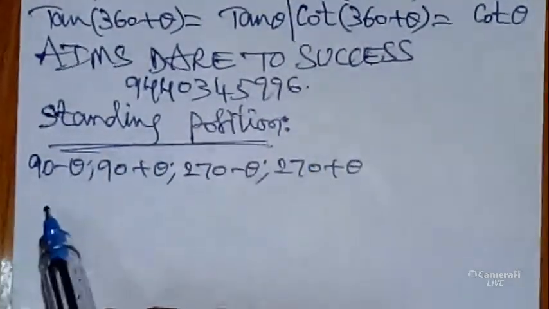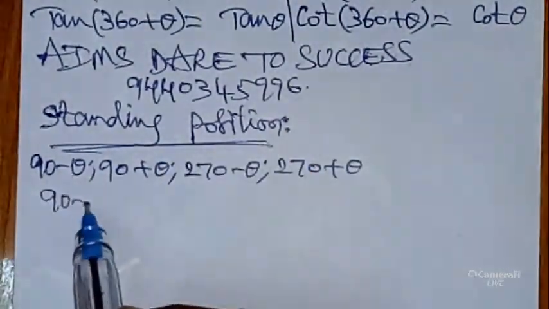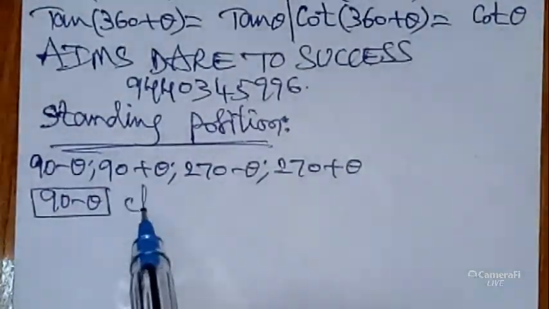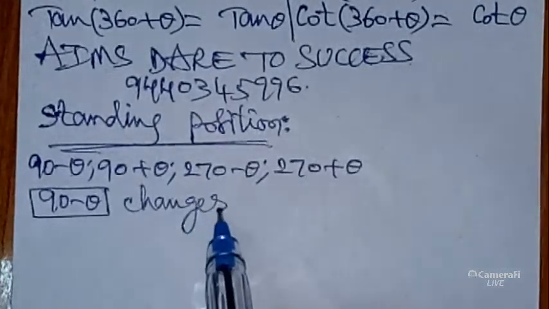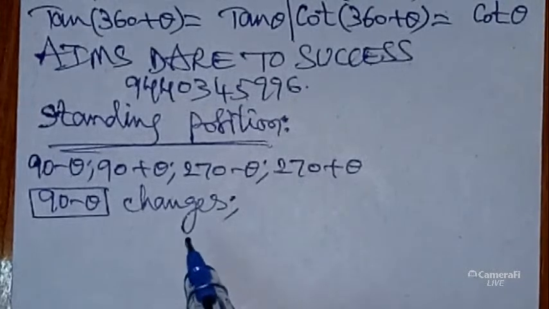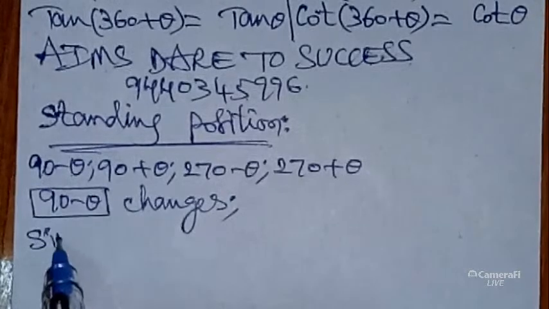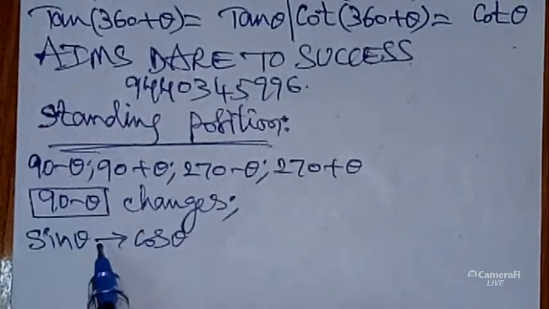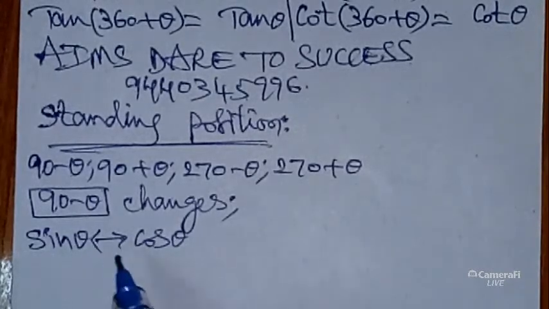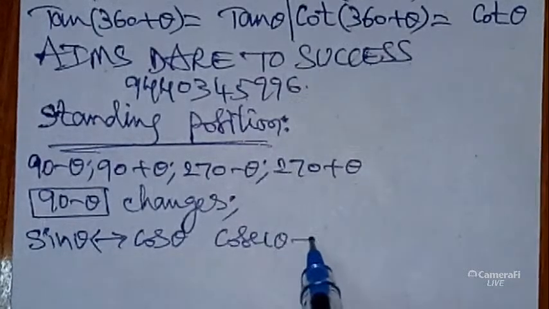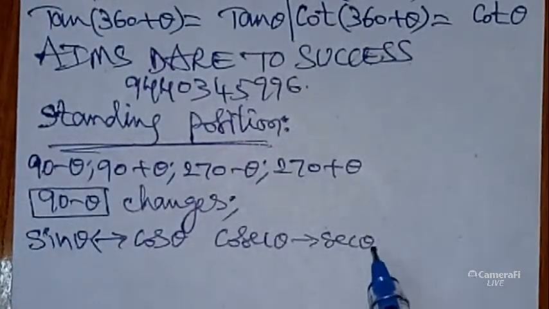Here first I wanted to explain you 90 minus theta. Here 90 minus theta means first of all changes are there. In sleeping position no changes, here changes are there. What are the changes? I will tell you. Sin theta will change to cos theta. Cos theta will change to sin theta. Next, cosecant theta is changing into secant theta.